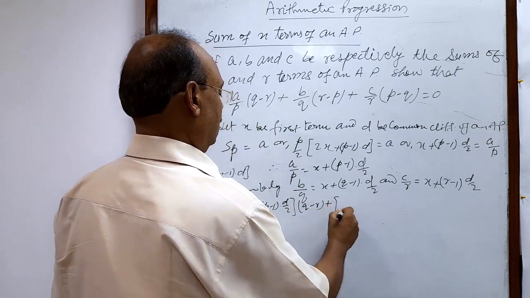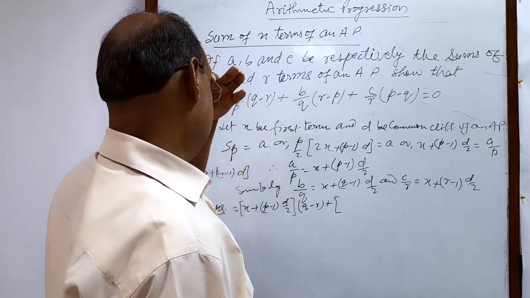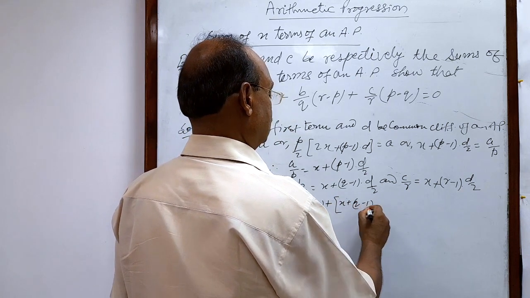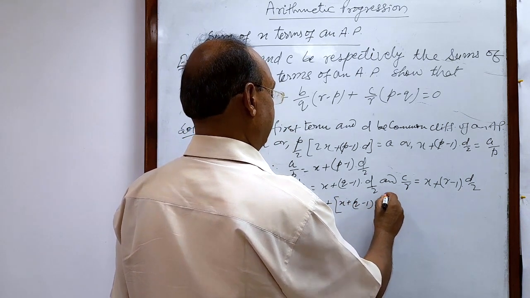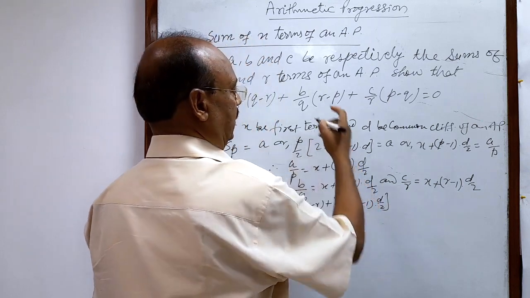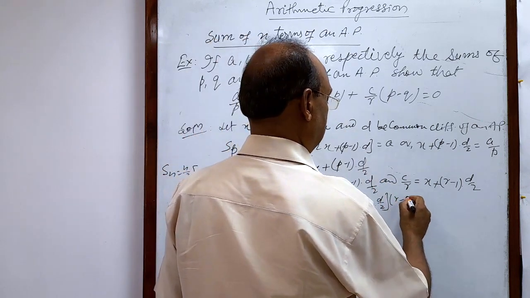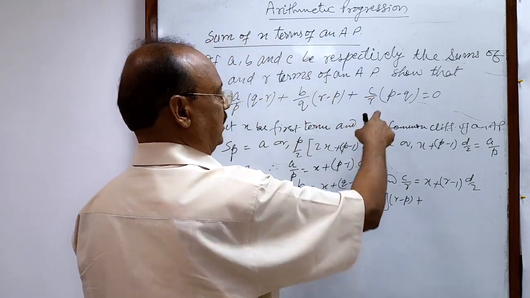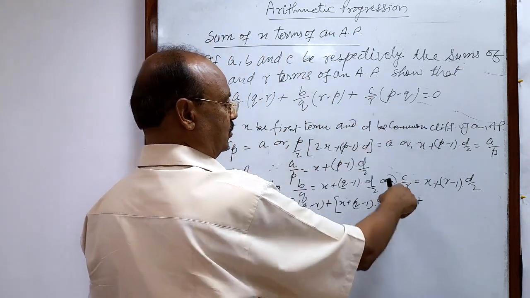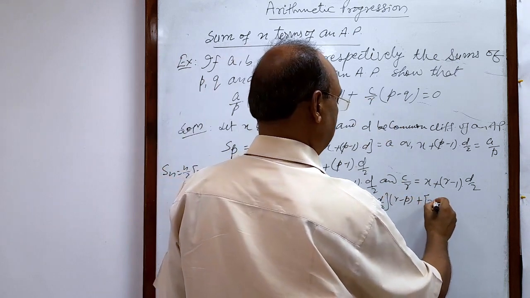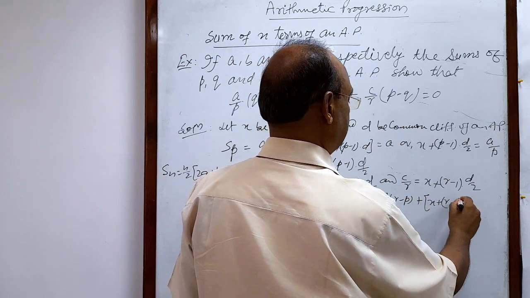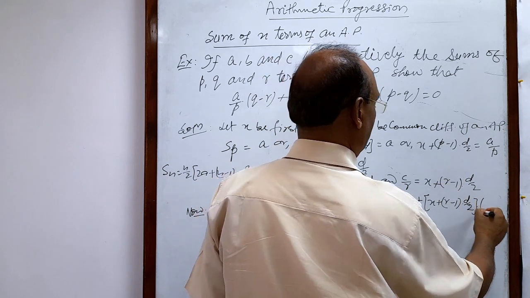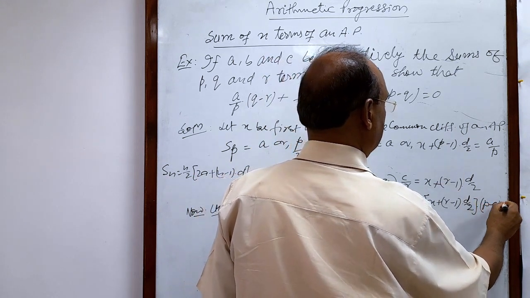Similarly, b/q is x plus (q minus 1) into d/2, and this multiplication is (r minus p), plus the third term is c/r into (p minus q). So c/r is x plus (r minus 1) into d/2 into (p minus q).